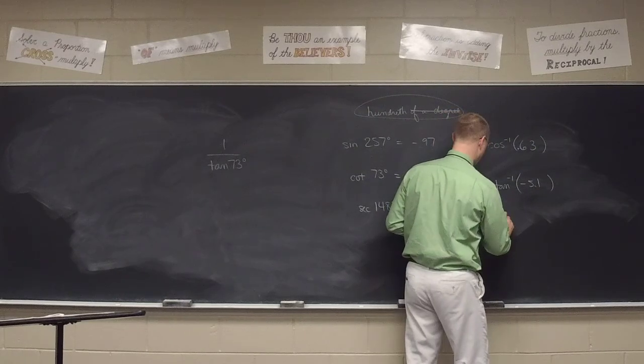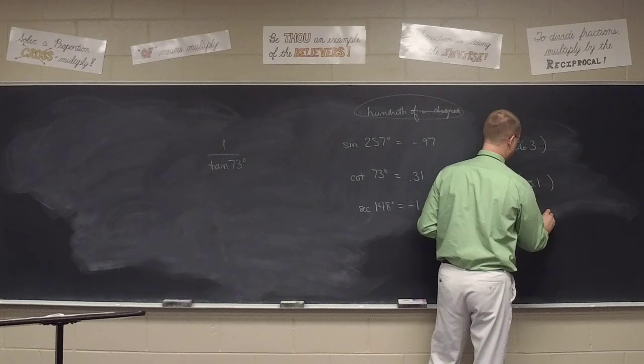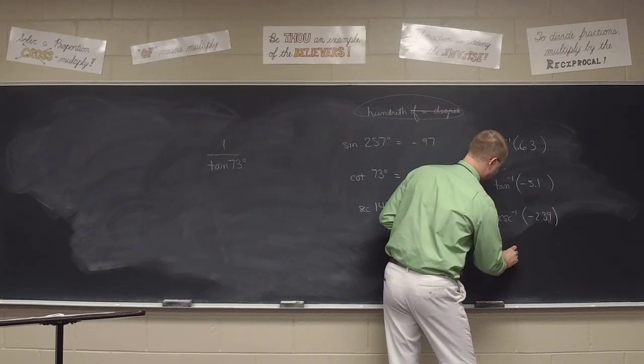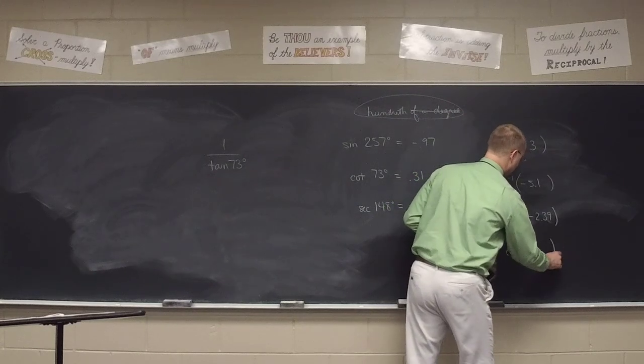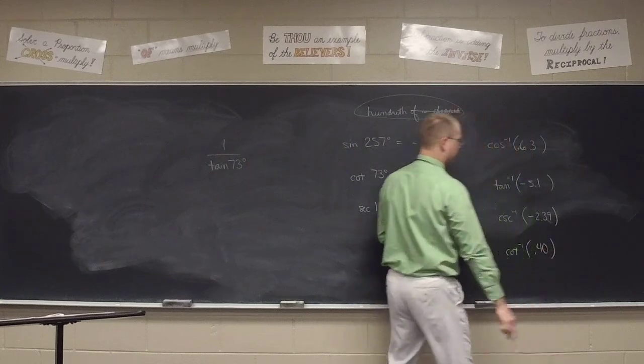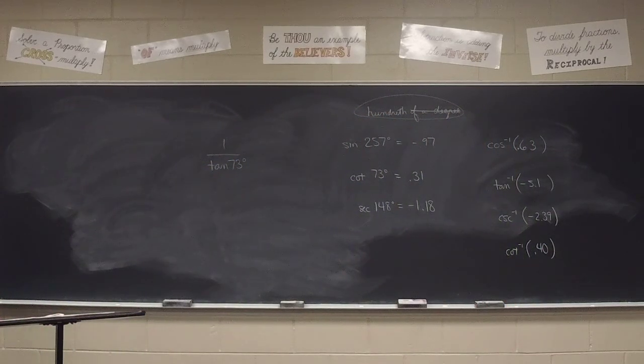Let's find the arc cosecant of negative 2.39. And let's find the arc cotangent of 0.40. This time let's do hundredths of a degree.